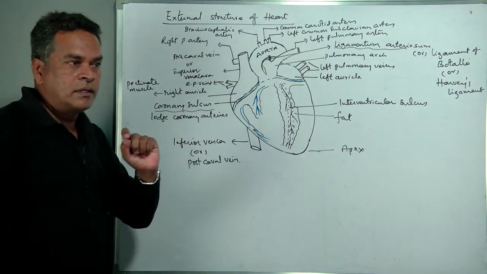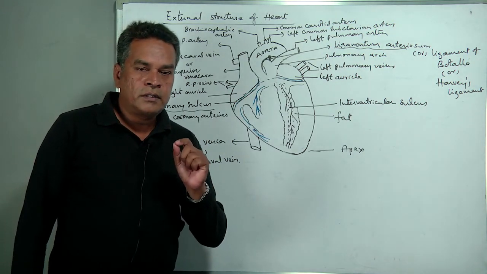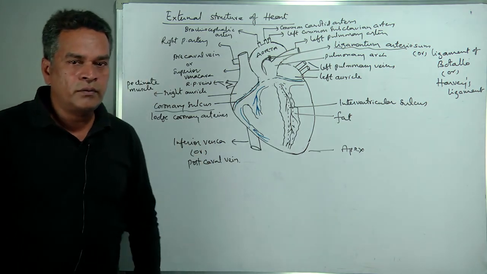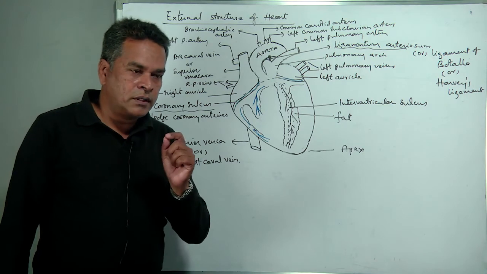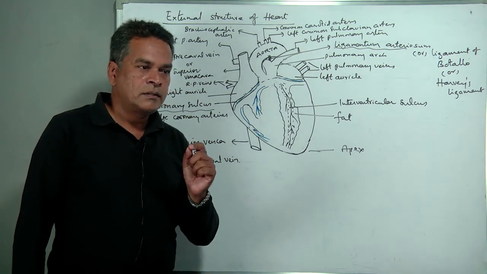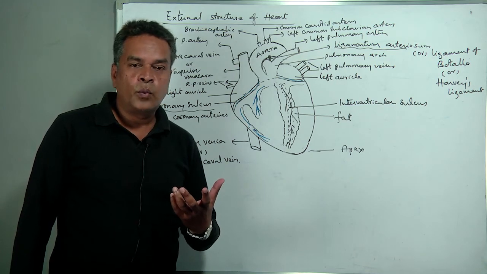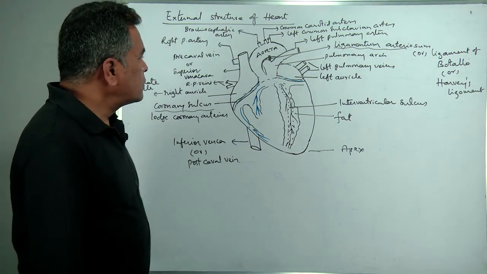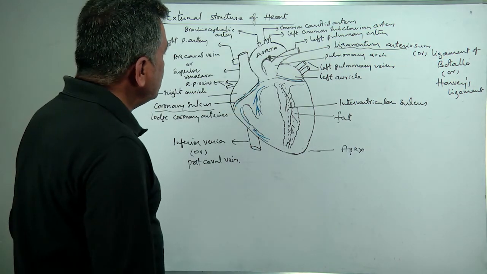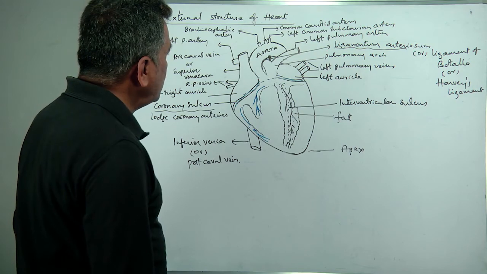The coronary sinus is a thin-walled blood vessel without smooth muscle. Important. So this is all about the external structure of the heart.